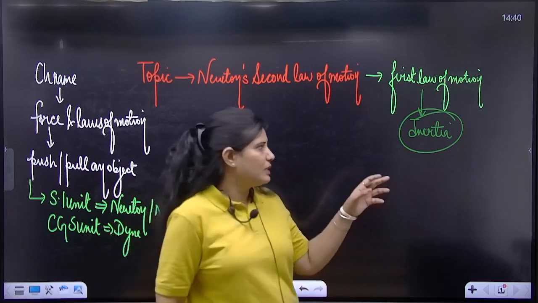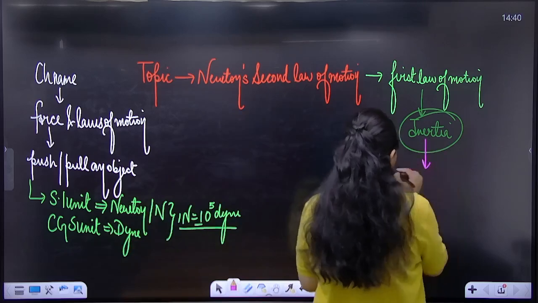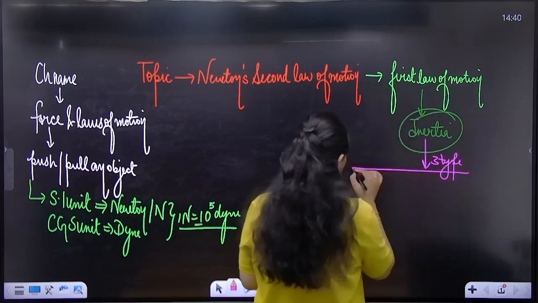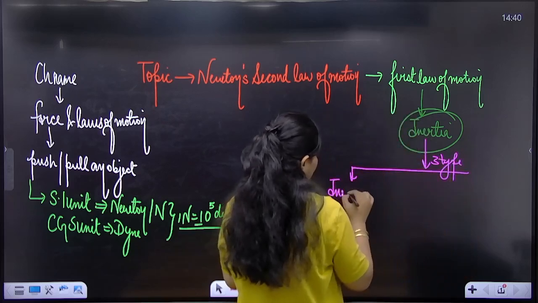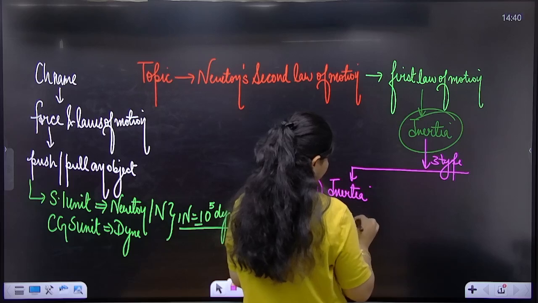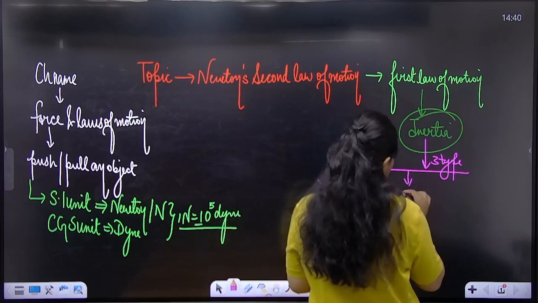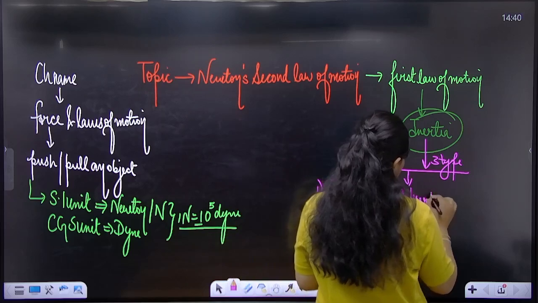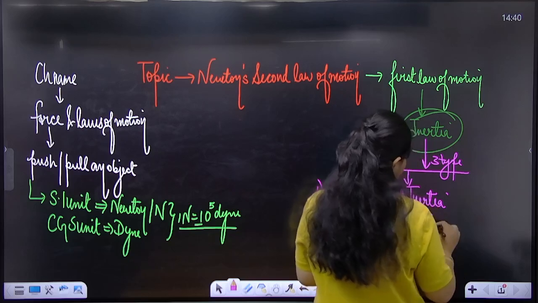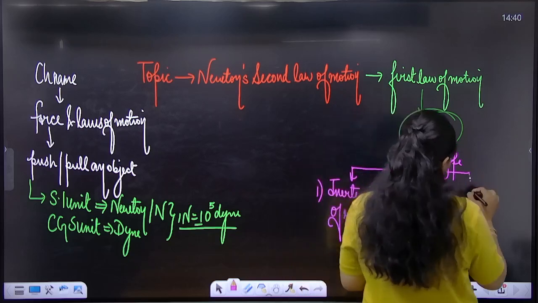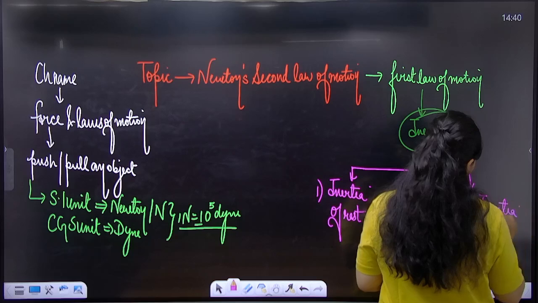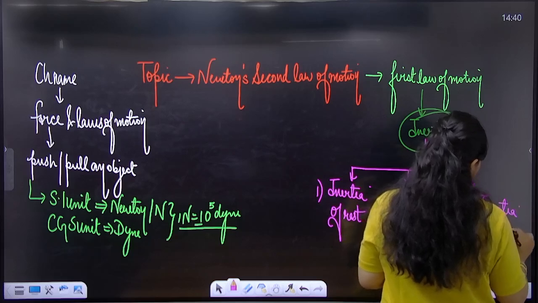And this is basically of three types. We know that there are three types: inertia of rest, second, inertia of motion, and the last we have inertia of direction.